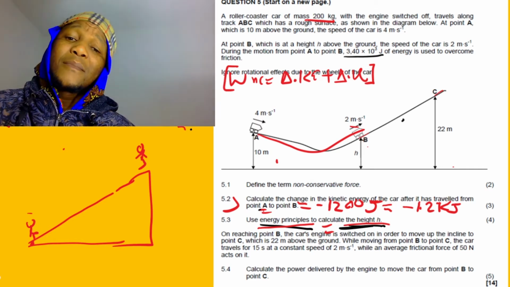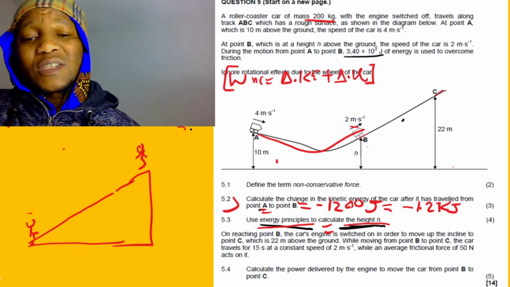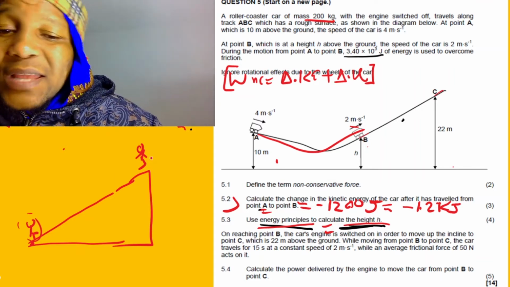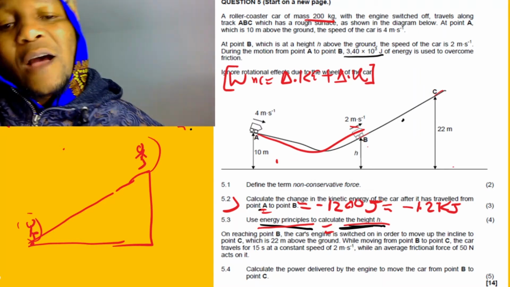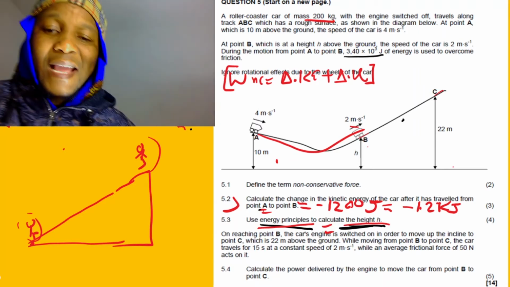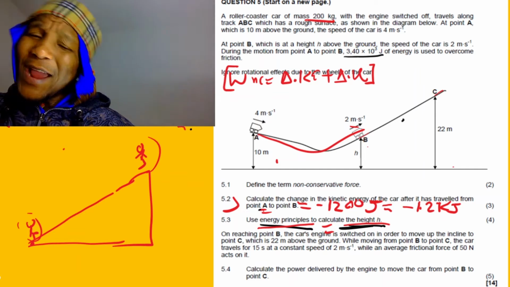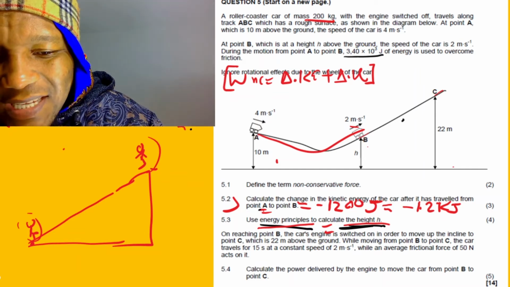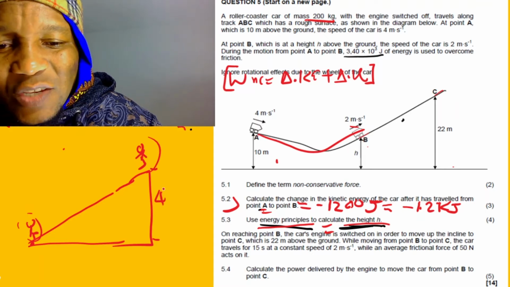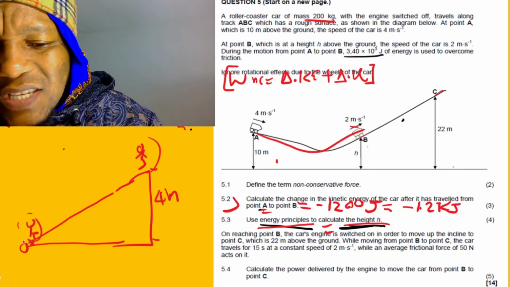Let's say Sbongile Nkosi was here, and then she went all the way to the top of a KwaZulu-Natal hill. If you're up there, you have a certain height, let's say 4 meters. But down here there's no height, meaning it equals 0.